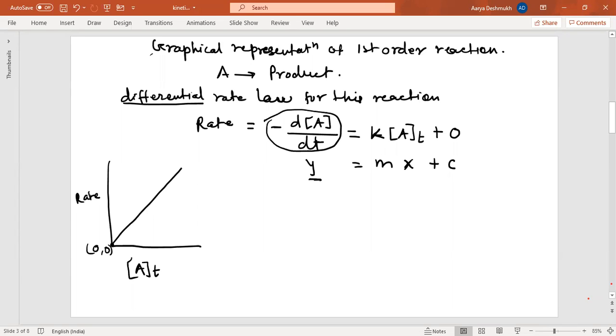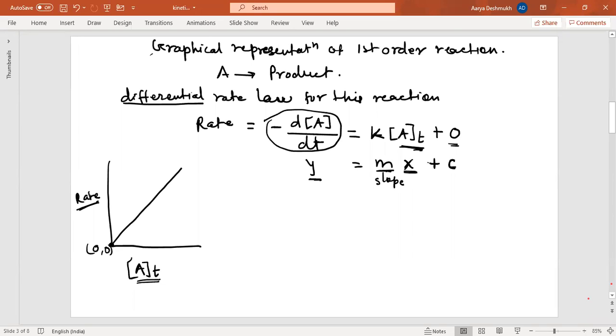We plotted it here on the y-axis, isn't it? This is m, that is the slope. Okay, and this is the x coordinate, that is At. So we plotted it on x-axis. And plus c, that is the intercept, that is 0. Okay, so this is your 0. Intercept of y at y-axis, here it is 0, here it is 0. You can see here it is 0.